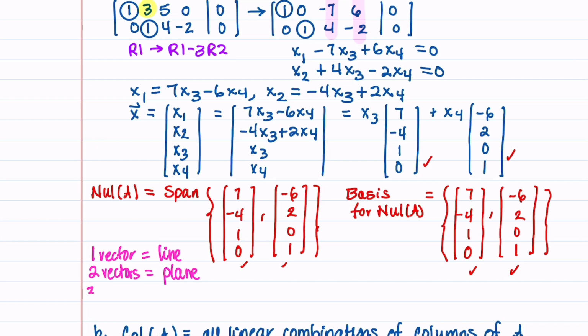And then if we were to have three vectors, our geometric description would be 3D space. So we have two vectors, so we can conclude that our geometric description is equal to a plane in R4. This just helps us really visualize what our basis looks like.